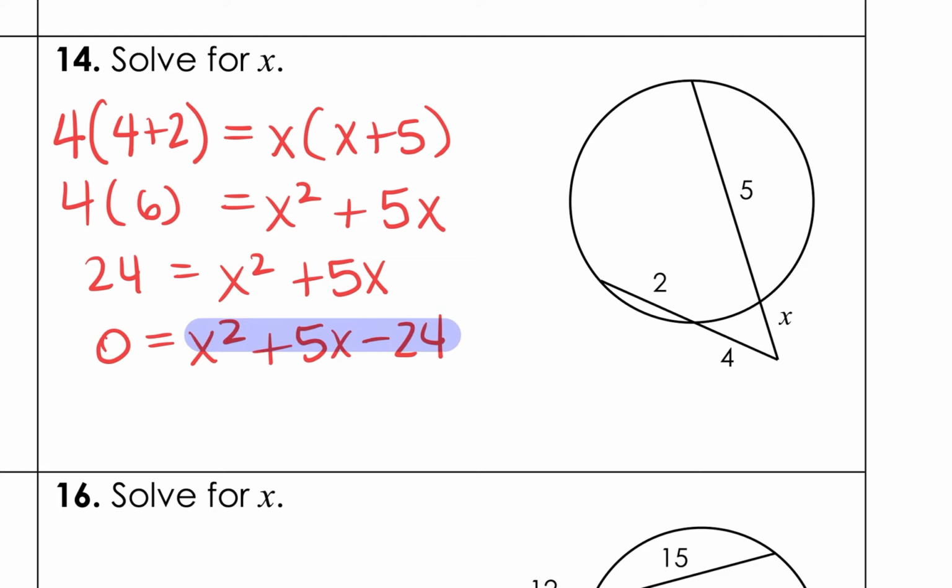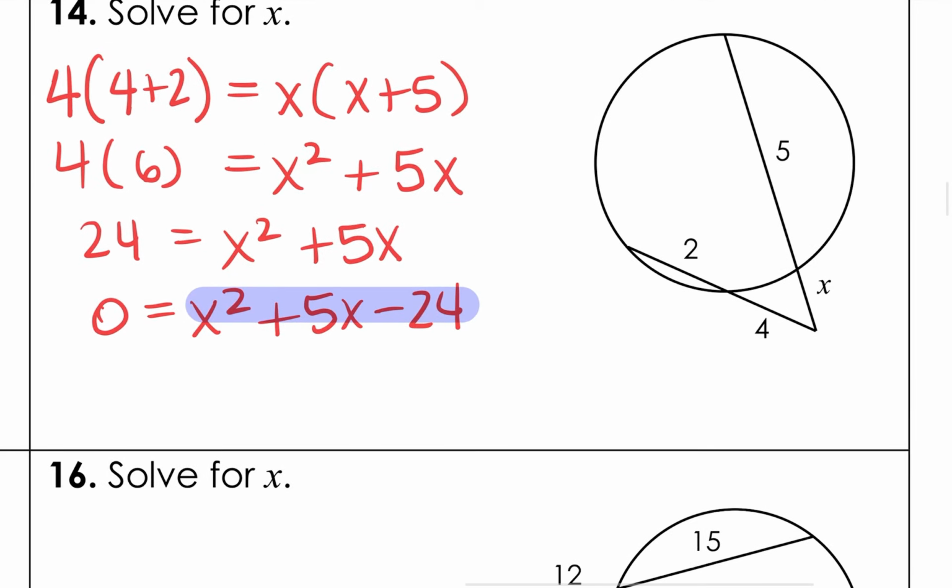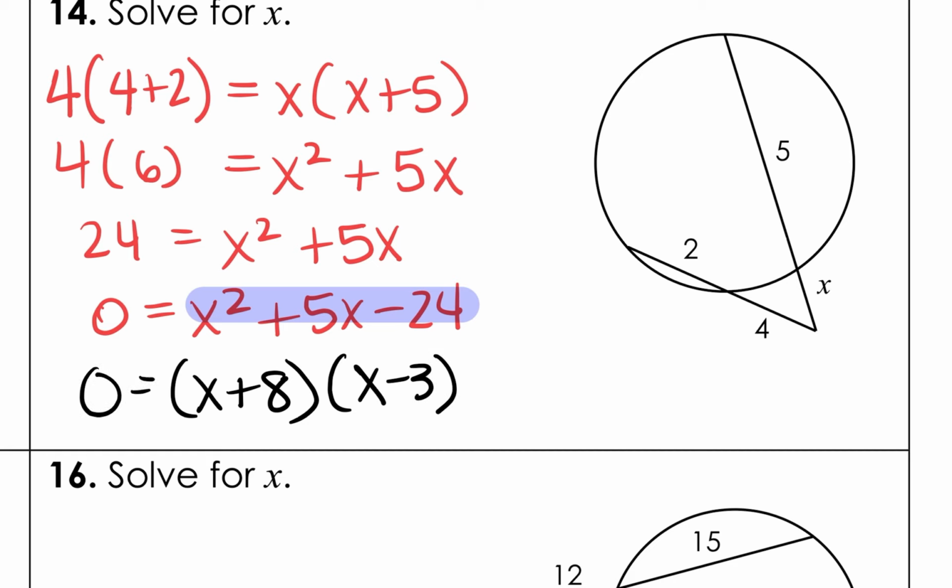Now in this case, to solve this quadratic you can factor it. We're looking for factors of negative 24 that when you add them, you get positive 5. That would be 8 and negative 3. 8 times negative 3 is negative 24, and 8 plus negative 3 is positive 5.